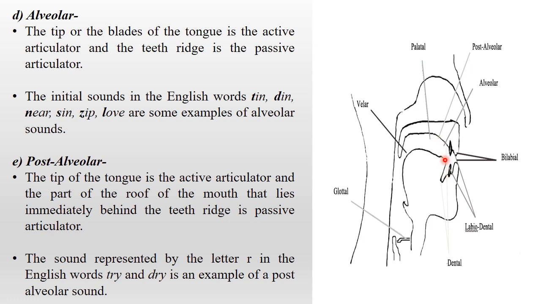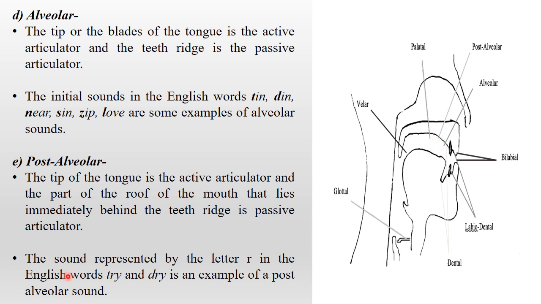So the tip of the tongue is the active articulator and the portion behind the alveolar ridge is the passive articulator, and our tongue is going to touch this portion, and then the air is going to pass and the sound is going to be produced.